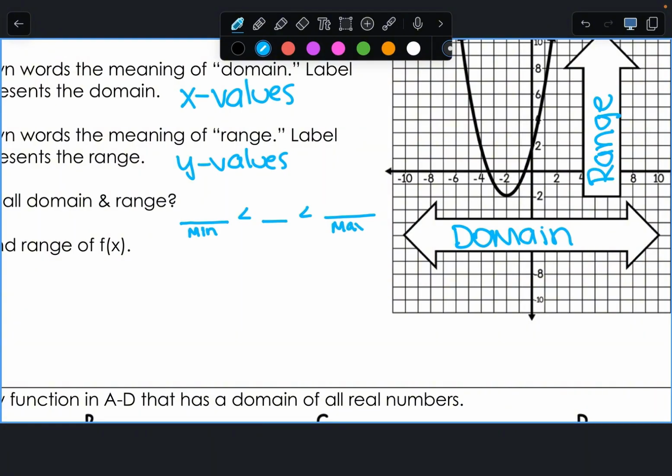And you either have an X or a Y in the middle, depending on if you're talking about domain or range. Now, your inequalities always depend on open and closed circles. With parabolas, you do have to worry about closed circles, but not open circles. I've never seen open circles with parabolas, with quadratic functions, okay?